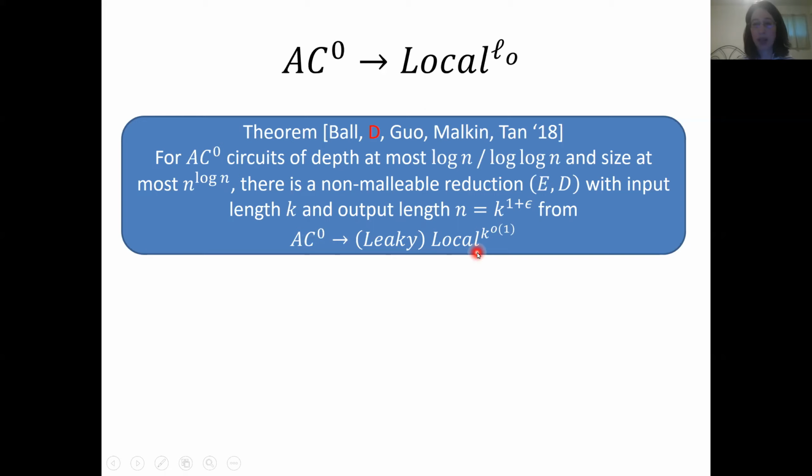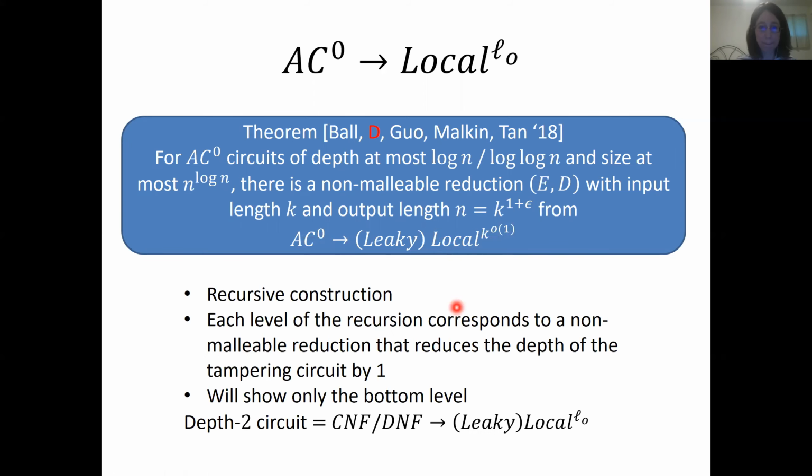I won't really talk about leaky local. It means that we're also allowed to leak some bits of the codeword from the local non-malleable code. And this is an output local non-malleable code with locality k to the little o of 1.